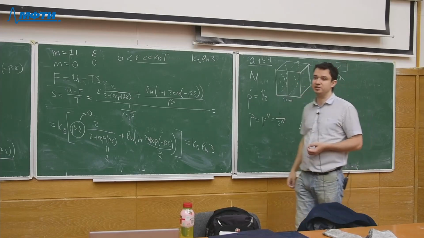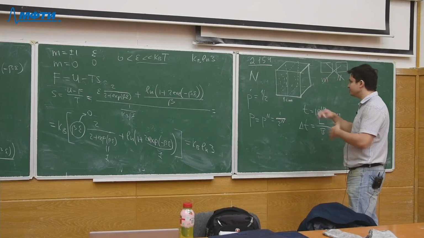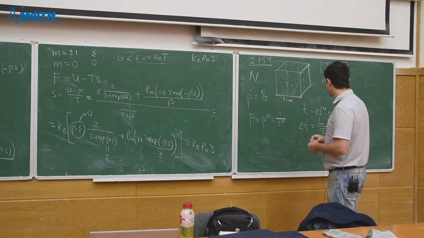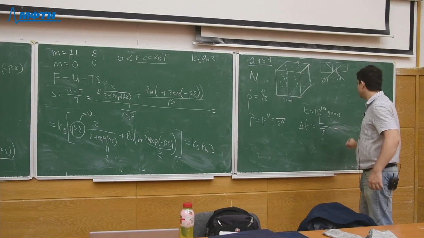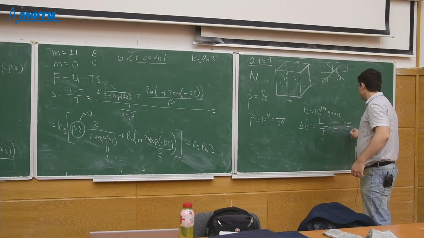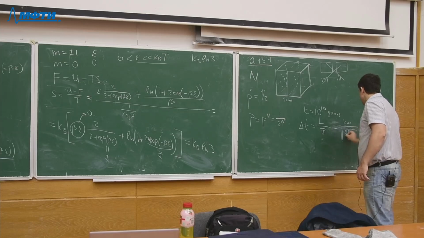So that's what I need to find out. This amount of time happening between two coin flips, so to say, is actually equal to 1 centimeter over the thermal velocity, which as we know, is equal to the square root of 8RT over pi mu.